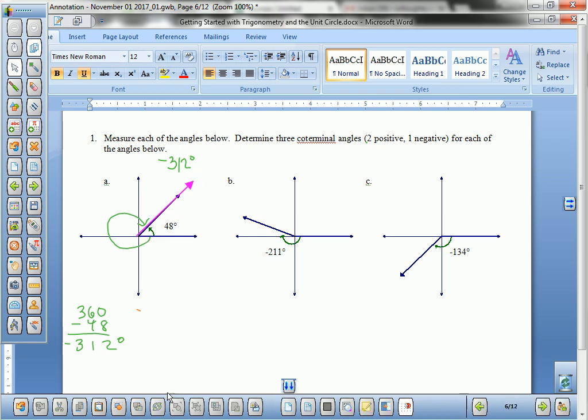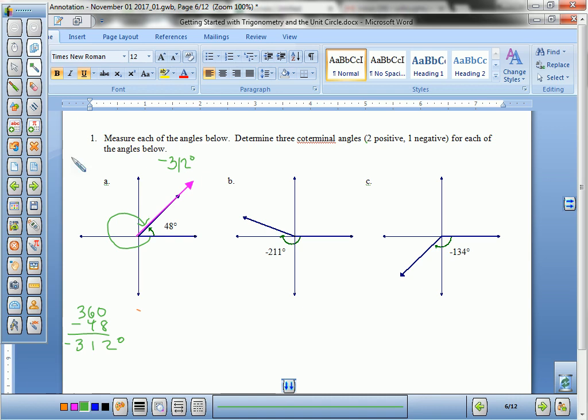Yes, 360 plus. Exactly. We would take this 48 and add 360 to it, because the terminal side ends up in the same spot. So an equivalent coterminal angle would be 408 degrees.